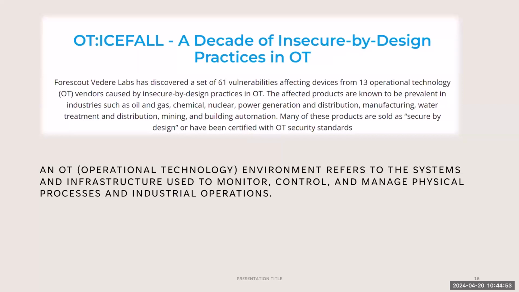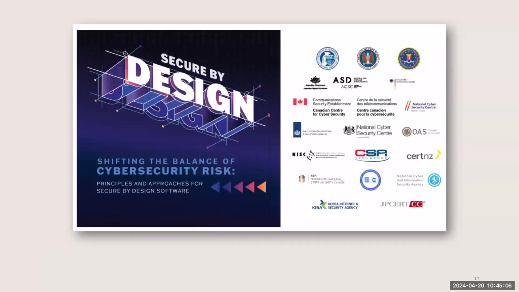Can you imagine, even if the vendors are saying they have embedded secure by design, still this research showed otherwise. There is the CISA, Cybersecurity and Infrastructure Security Agency. They published this document, Secure by Design, Shifting the Balance of Cybersecurity Risk. And this was in collaboration with 17 US and international partners.